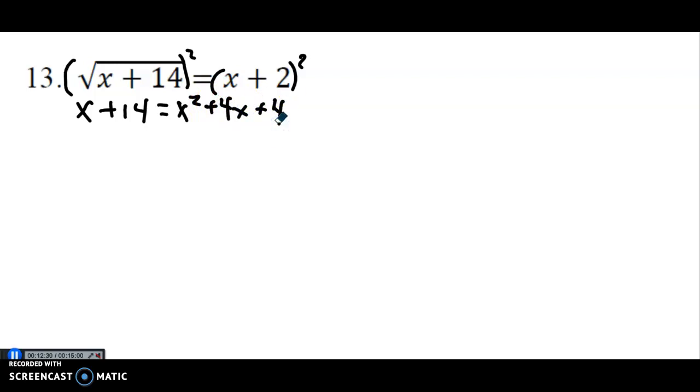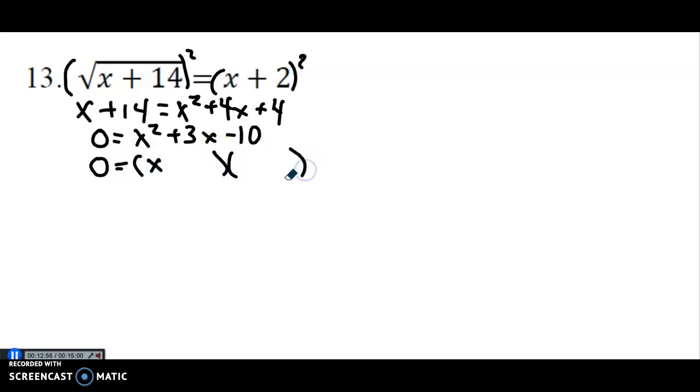And again, I see a squared variable, which means I have to factor and make one side equal 0. So this is going to equal 0. And I get x squared, 4x minus x is 3x, and 4 minus 14 is going to give me negative 10. So again, I'm going to factor. It's going to be product sum again.